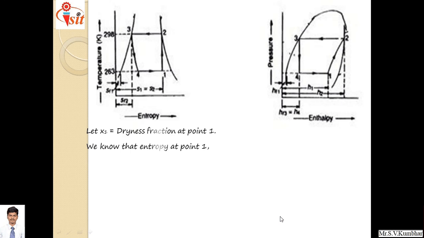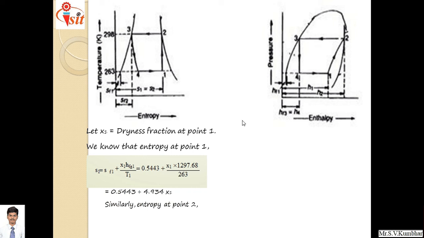Now how to obtain it? First of all, try to draw its pH and TS diagram. Let's say x1 is the dryness fraction at point 1. Now we know that the entropy at 1 is given as S1 is equal to SF1 plus x1 HFG1 upon T1. SF1 is given as 0.5443 plus x1 into 1297.68 divided by 263.